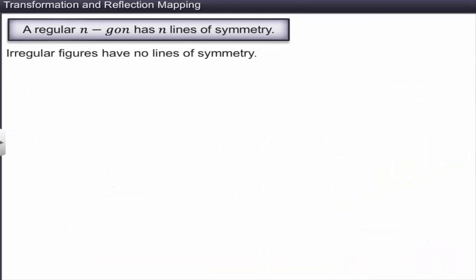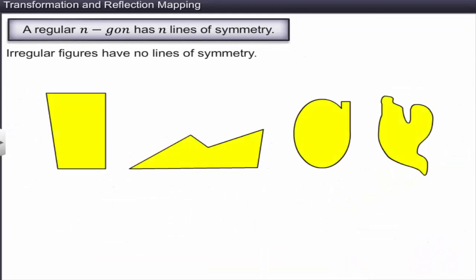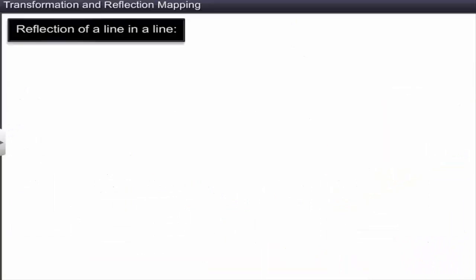For example, the figures shown here have no line of symmetry as they cannot be folded along any line such that the two parts coincide with each other. Given two lines L and M, how do you find the reflection of line M in line L?